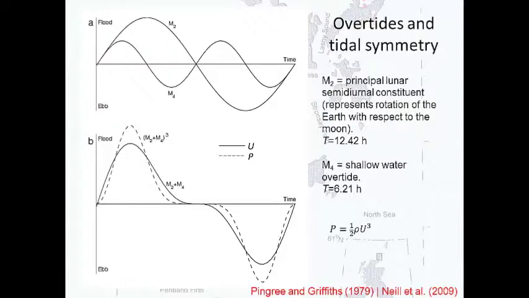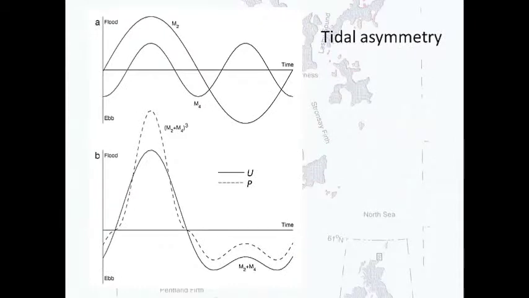Okay, and that's just a case where the phase relationship between the M2 and the M4 is as shown in this top figure. However, in the next slide, you see I've altered this phase relationship. So for example, the M2 and the M4 are in phase here, and you get a very strong signal during the flood phase of the tide, and they're out of phase during the ebb, and so we get a much weaker but prolonged period of ebb.